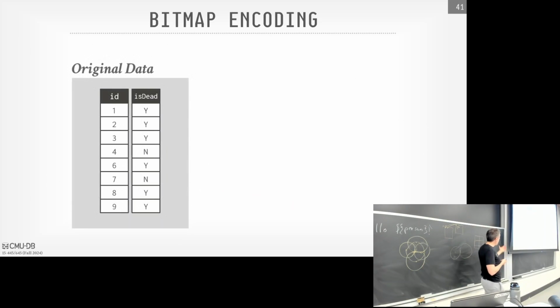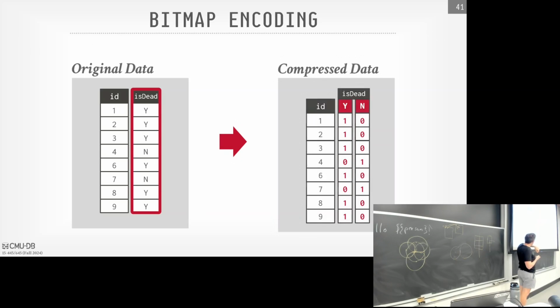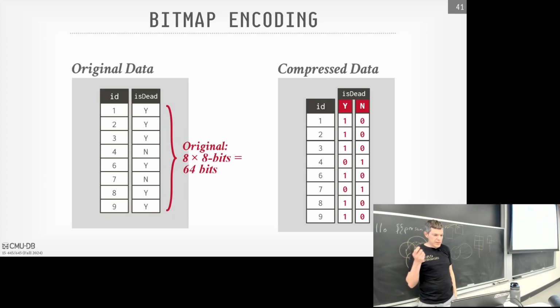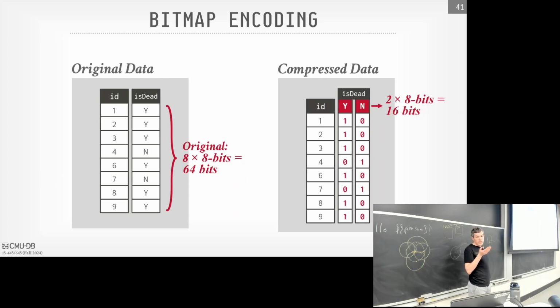So if I have the isDead column here, instead of storing yes, no over and over again, I can just have a bitmap for all the yeses and a bitmap for all the nos, and then I just know how to jump to the offset that I want to determine what the actual value is. So again, the original data was 64 bits, but with the bitmap, we can get it down to 16 bits. When does this not work?